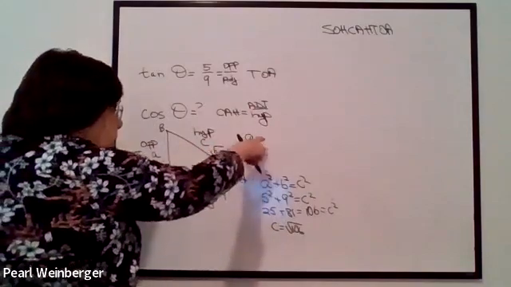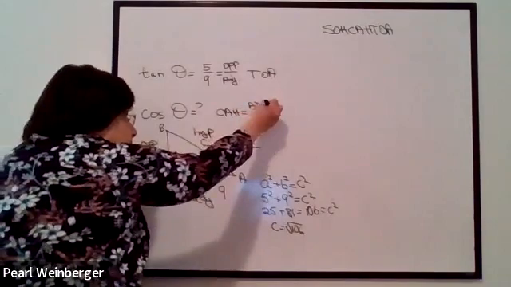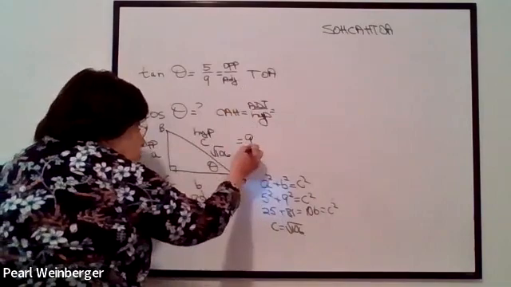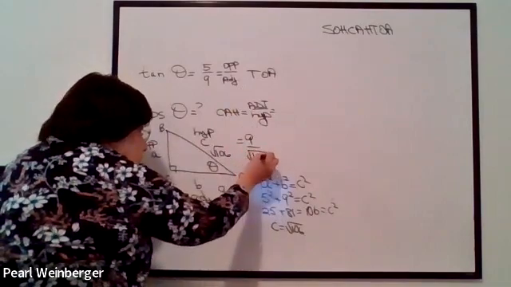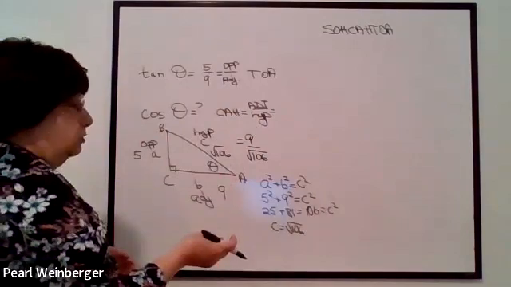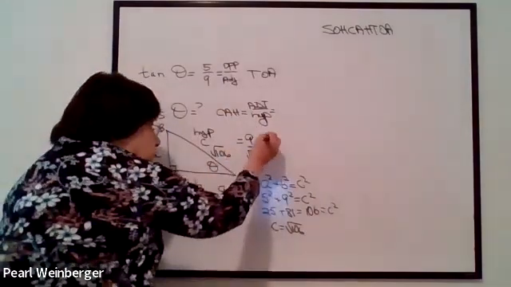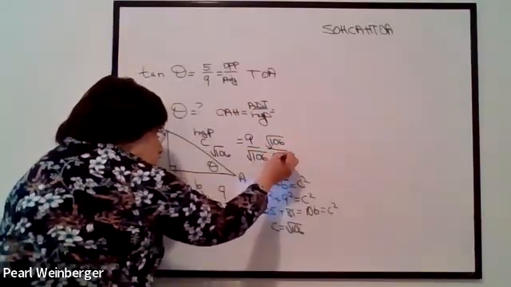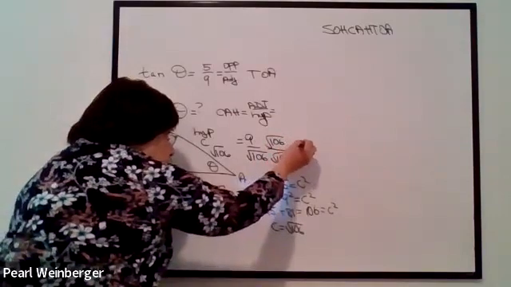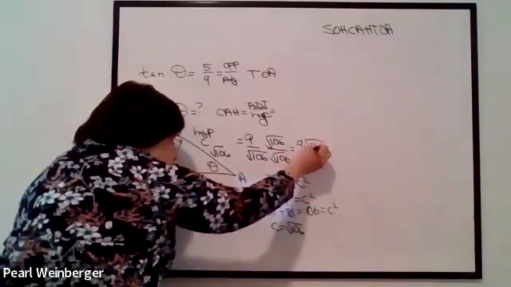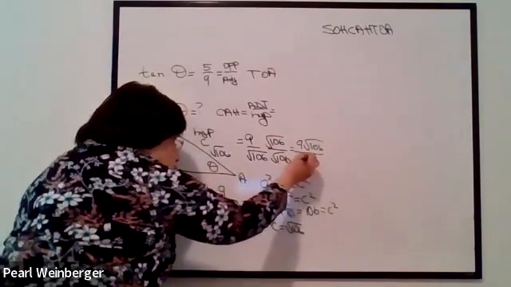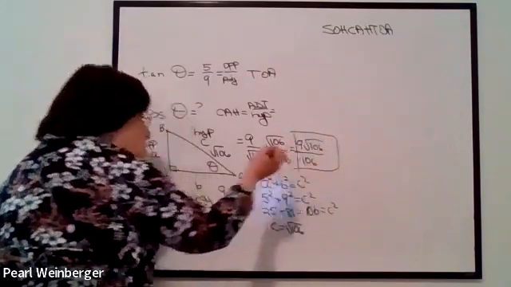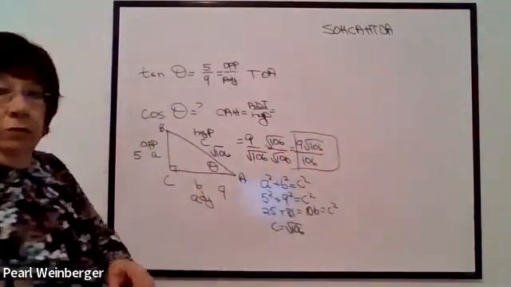So it turns out that the cosine, the adjacent over the hypotenuse, is 9 over the square root of 106. And again, we don't like to leave that square root in the bottom, so we multiply by the square root of 106 over the square root of 106, which gives us 9 times the square root of 106 over 106. I don't think it reduces at all. So this would be your answer in rationalized form.